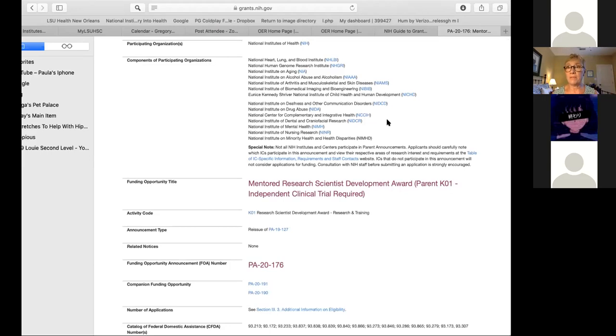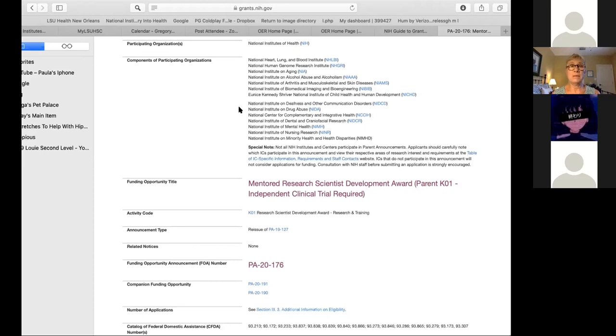Some of them have different pay lines, different salary support caps, different funding for research caps, etc. So once you know which institute you want to go to, make sure that you read this. Plus, it has the contacts that you need to contact the program officers for that mechanism.